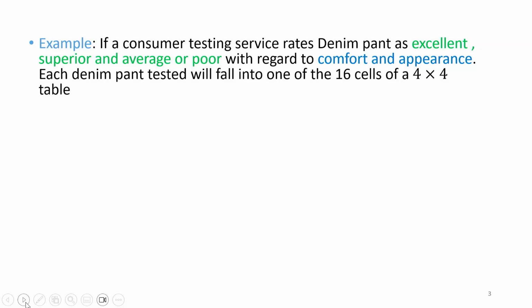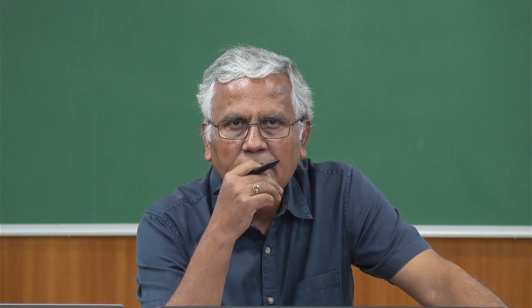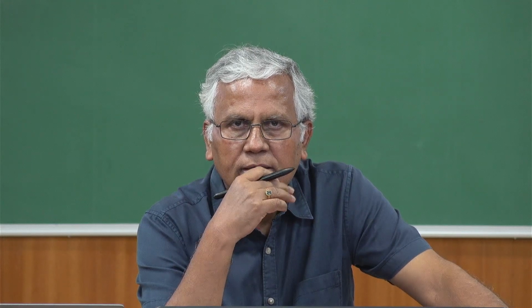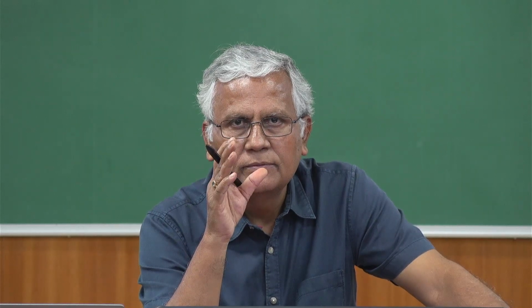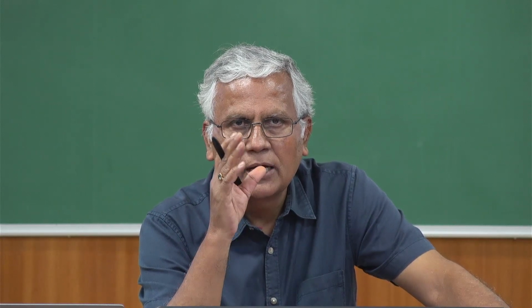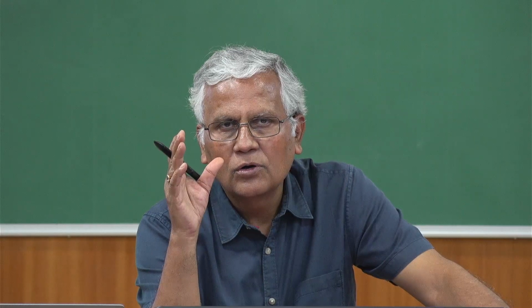There is a consumer testing service, or a kind of marketing people, who want to rate denim pants into two categories in terms of comfort and appearance, and the ratings would be excellent, superior, average, or poor.